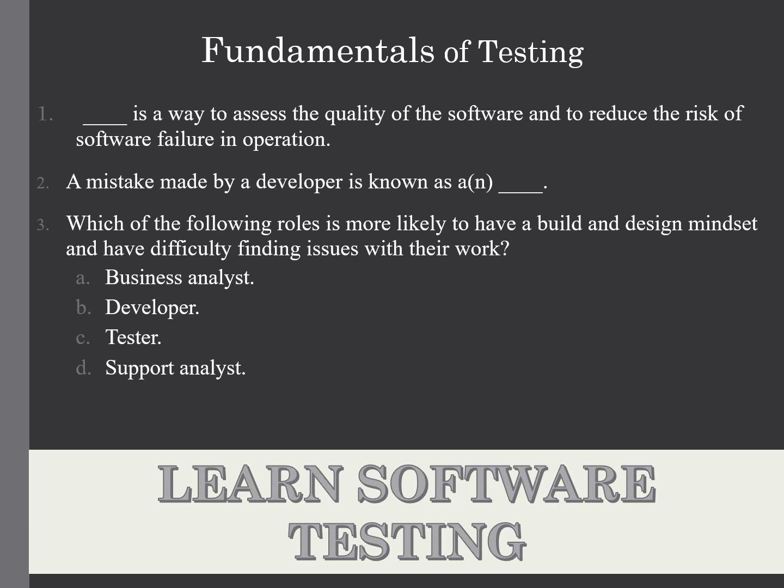The second type of mistake is known as an error. An error is an example of this where a developer has made a mistake in their program. And thirdly is a defect. Defects are the problems we find in testing. So the answer for this question is error.